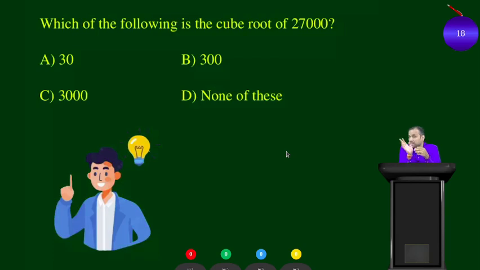So you can use that easy way to find the cube root of 27,000. Okay students, your time is over. So the correct answer is 30. The cube root of 27 is 3 and 1 zero from 3 zeros.